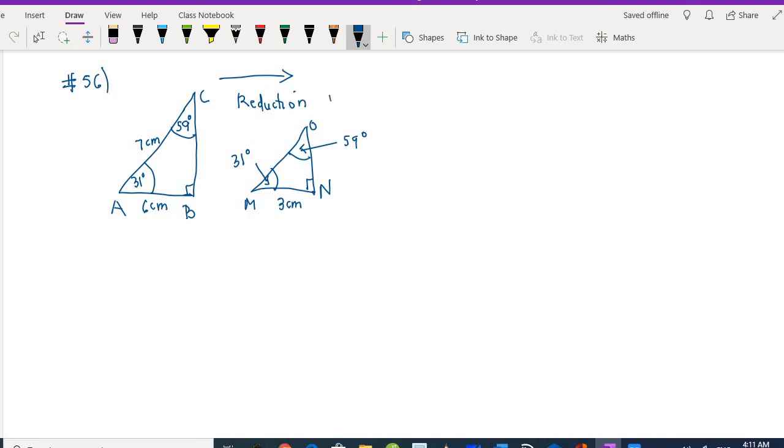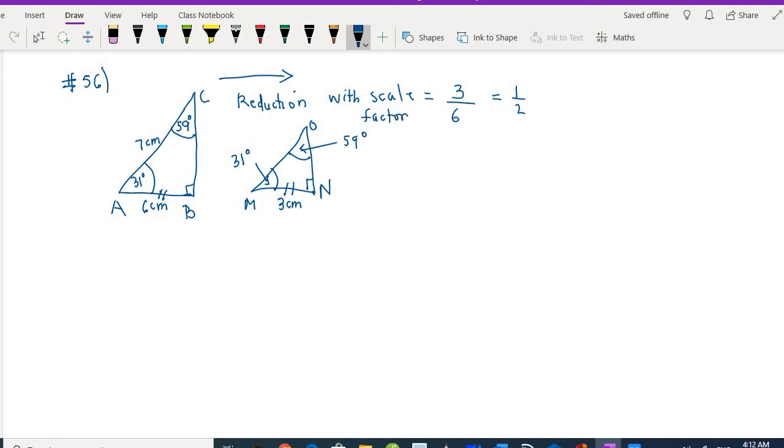And this reduction is with a scale factor. Let's see how many times it is reduced. If we look at the two sides here, the smaller triangle is 3 centimeters for MN, corresponding to the similar one across here, AB, which is 6 centimeters, so your scale factor is a half.